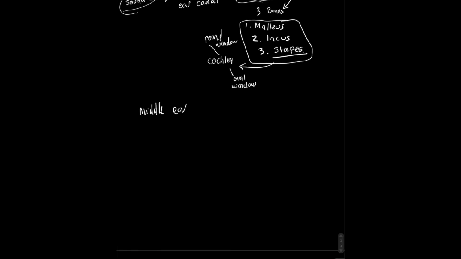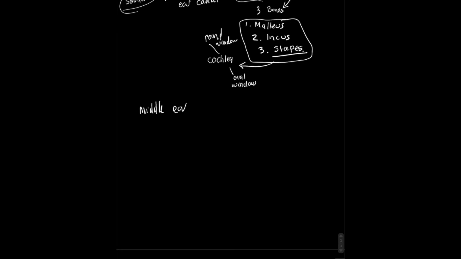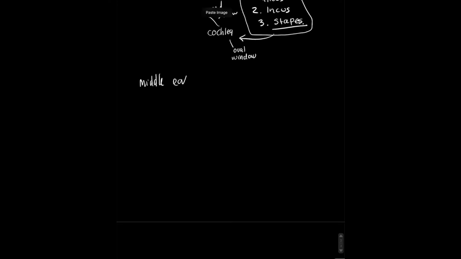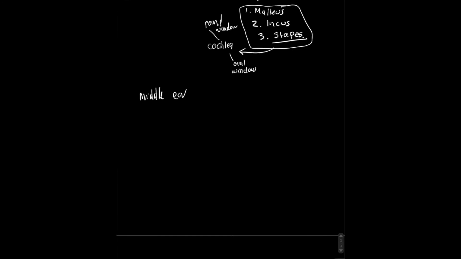The first factor is the area of the tympanum, that sort of entryway at the eardrum, which is much larger than the stapes. So what that basically means is that you have a huge amount of pressure coming in past the eardrum, and it's being amplified into a small area here at the stapes.